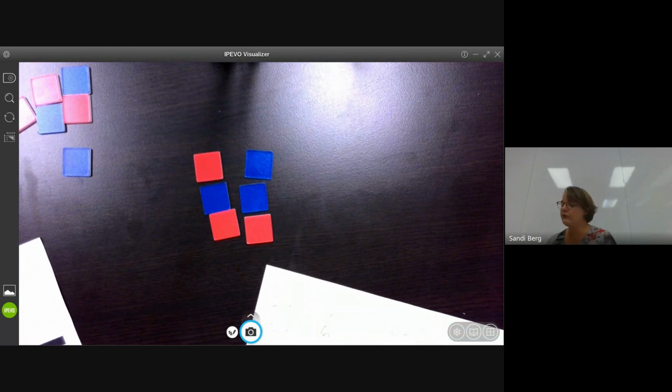Now, I can then do that exact same process with 12 tiles. What are your arrays that you can build? What are the dimensions, side lengths of your rectangles? How are those connected? What patterns do you see? What relationships do you see? And so on.